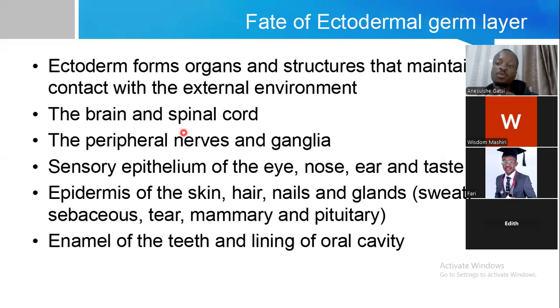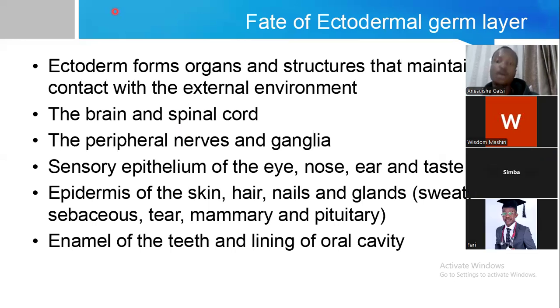We said we also divide it into three. Sorry, is that a question? All right. No, it's not a question. All right. So what we now have are the three germ cell layers and their divisions.